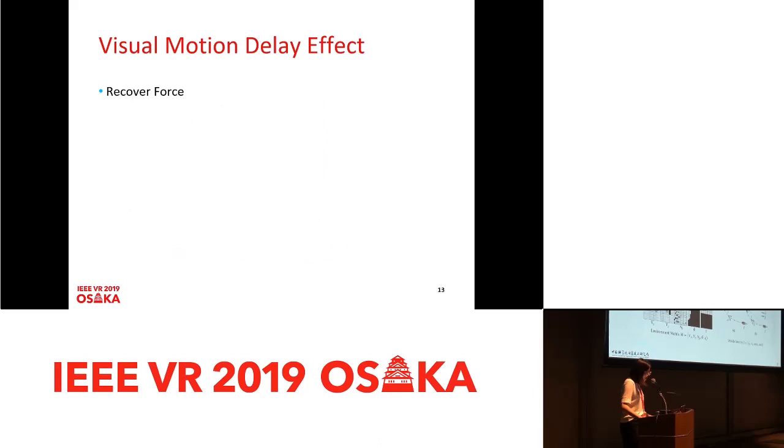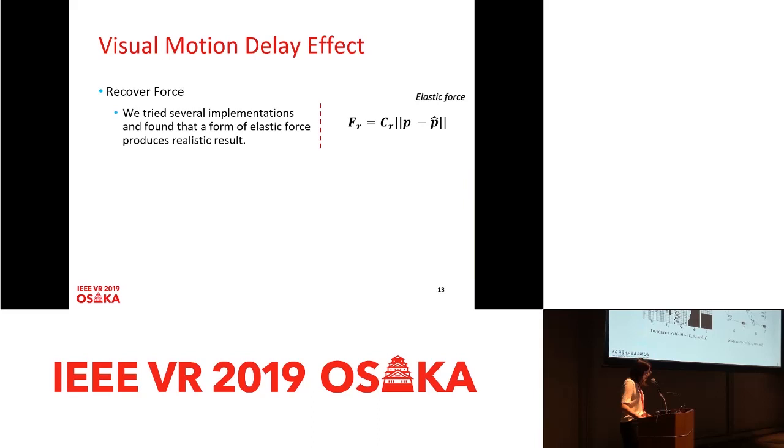Next, we calculate recover force. Recover force can be implemented by various methods, and we tried several implementations and found that a form of elastic force produces realistic results. We convert force to acceleration by dividing by m.